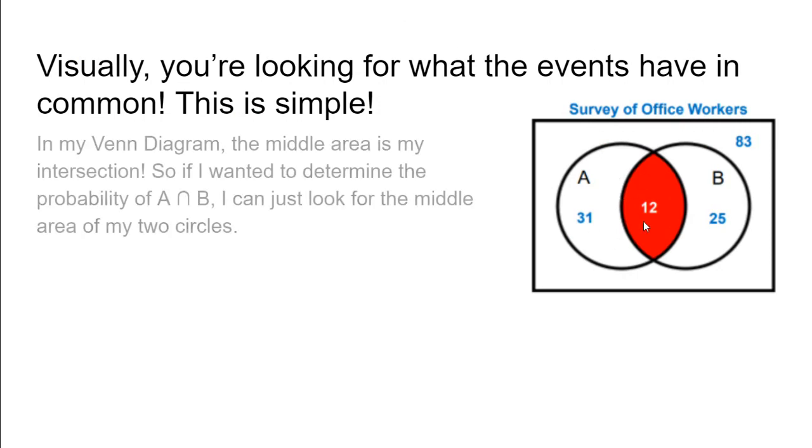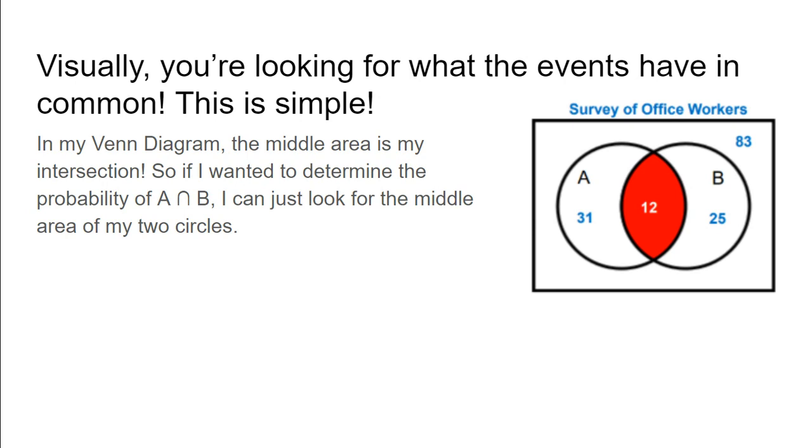But you just have to remember that I need to put these numbers into probabilities. So I have 12 out of how many total things do I have? I have 25 plus 12 is 37. 37 plus 31 is 68.